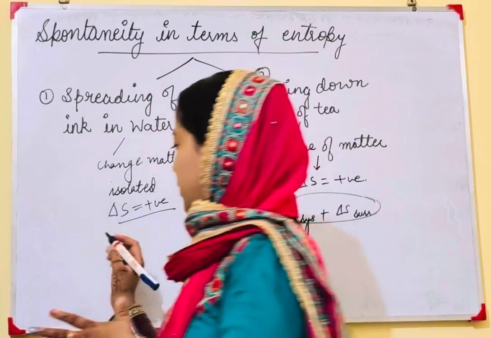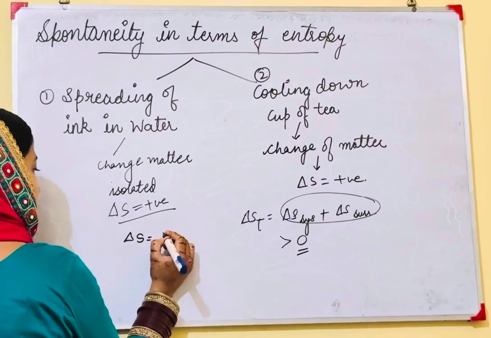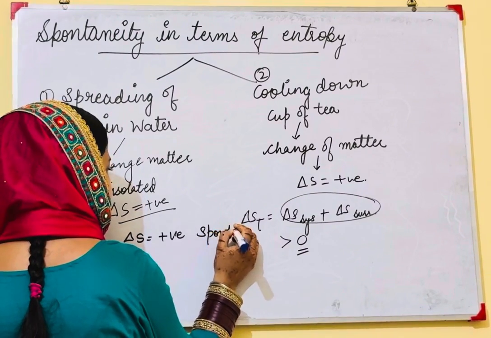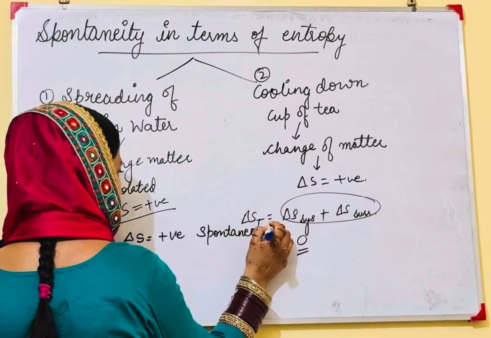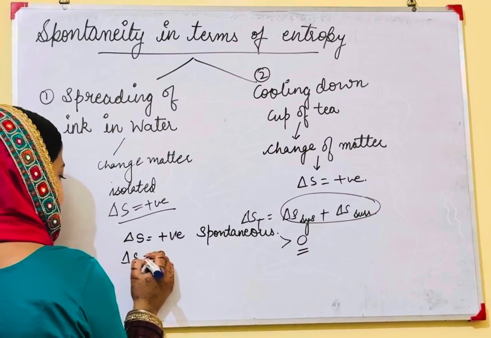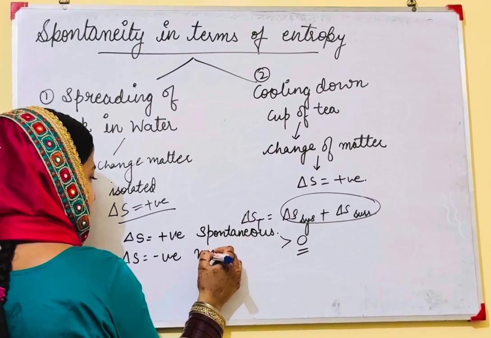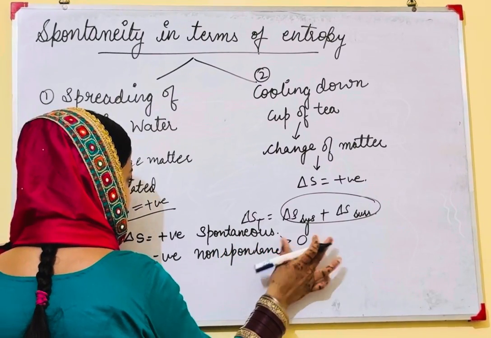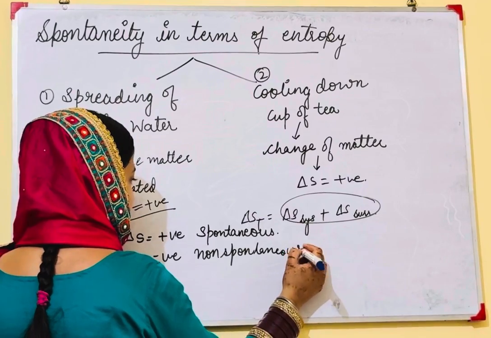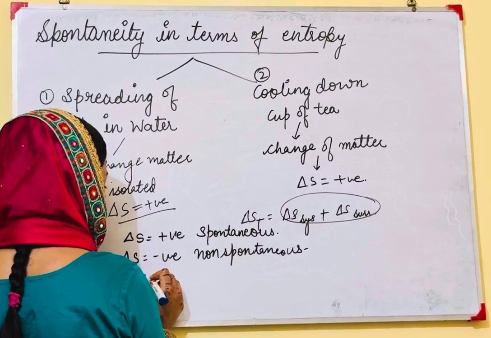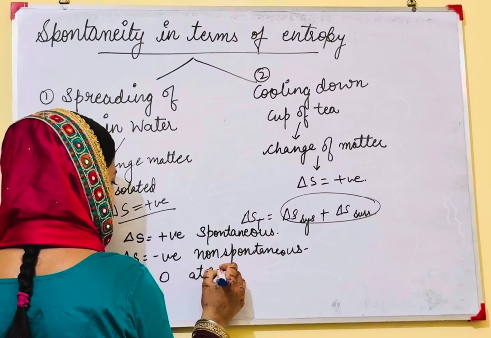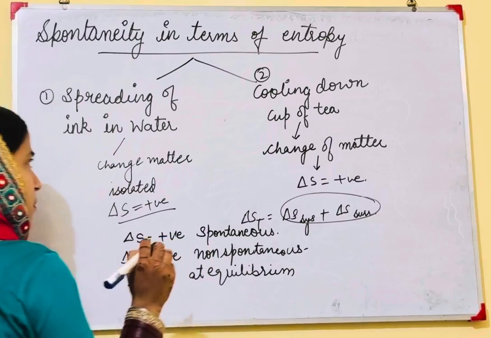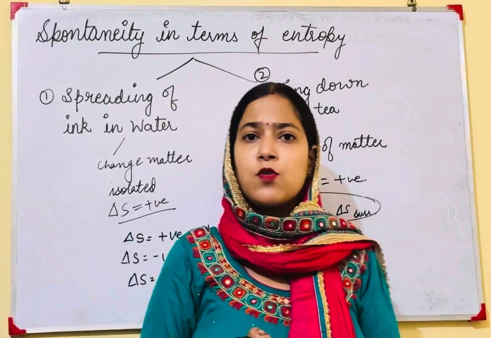Delta S is positive for the reaction to be spontaneous, and if delta S is negative, the reaction is non-spontaneous, and delta S is equal to 0 at equilibrium. This is the spontaneity in terms of entropy.